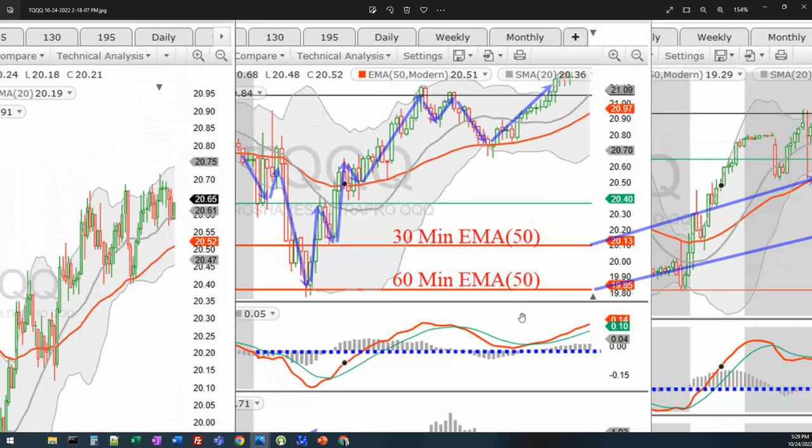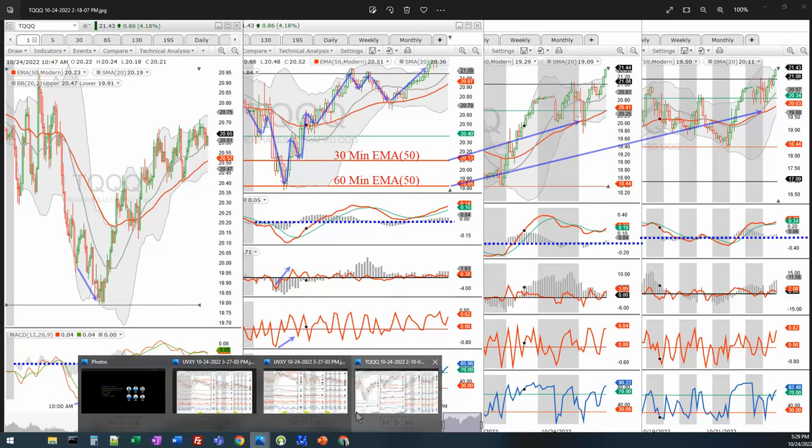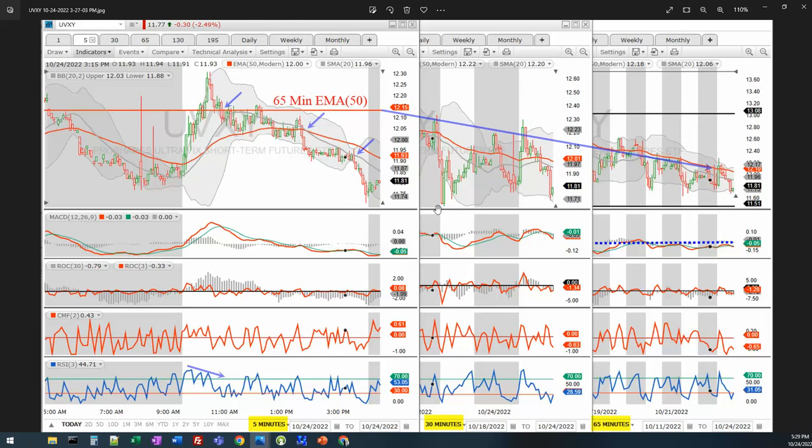All right. Now, quickly, let's look at UVXY. That'll get you out of here. VIX. UVXY, the proxy for VIX. Long story short on VIX, what you're not going to find in other stock channels is that VIX is struggling to break through its 65-minute EMA 50 line.